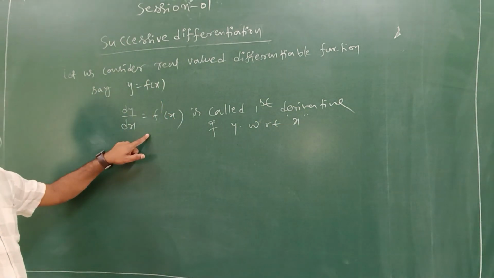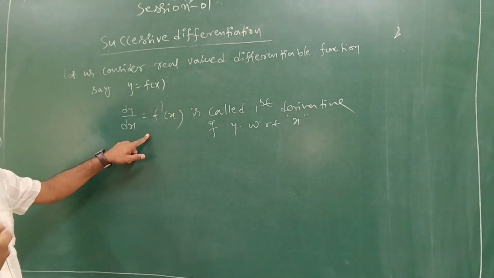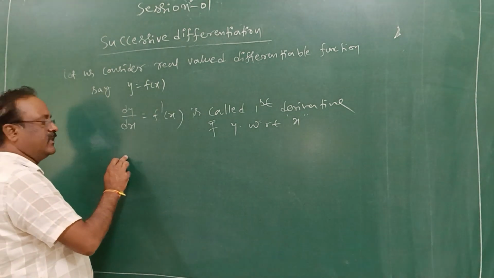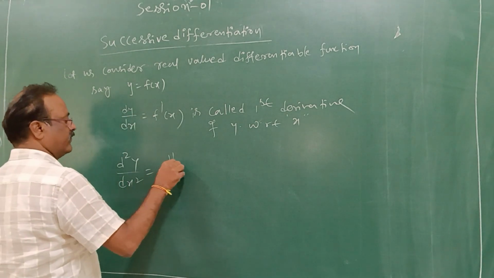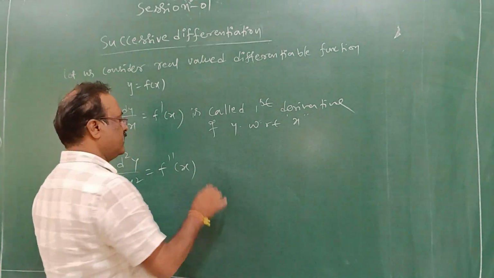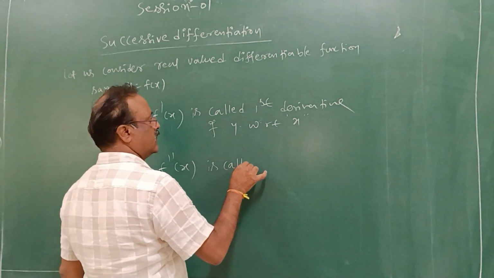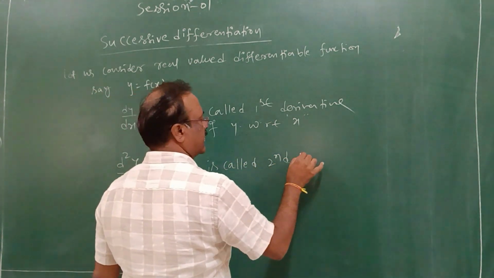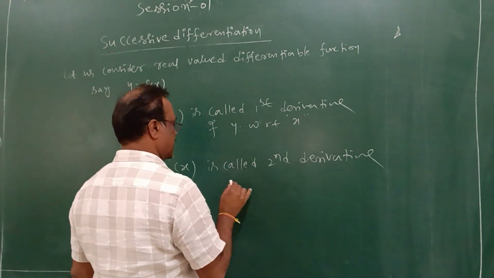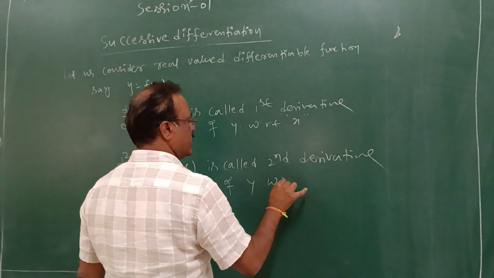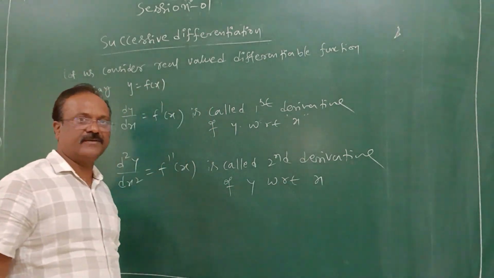If this function is differentiable again, if I differentiate with respect to x, we get d squared y by dx squared is equal to f double dash of x, is called the second derivative of y with respect to x.